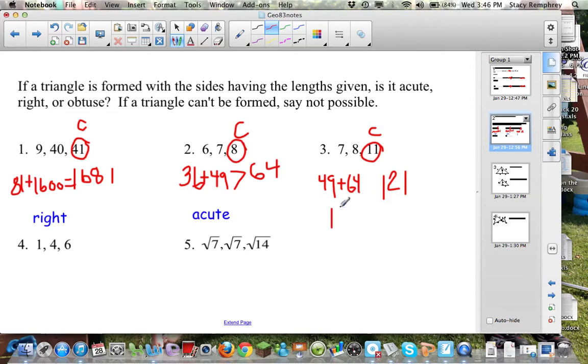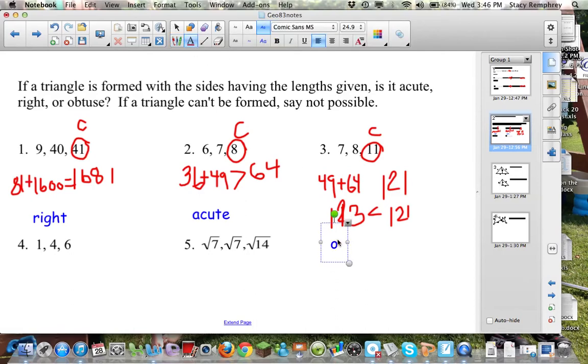So that's 113, sorry. So 113 to 121. The 121, or the C squared, is larger. It's going to make this one obtuse.